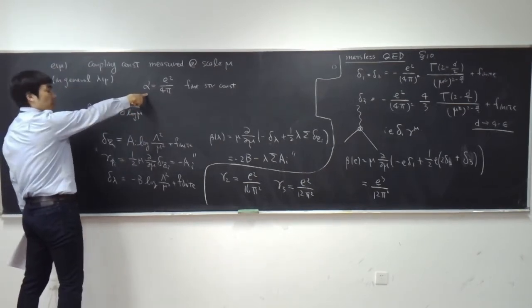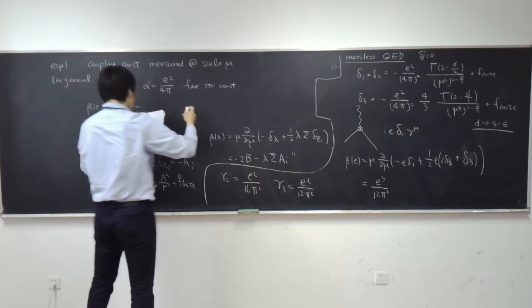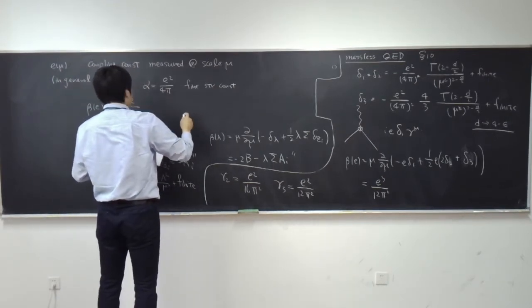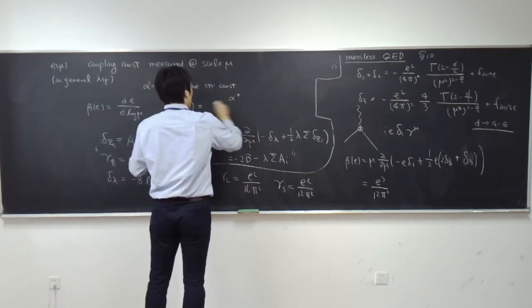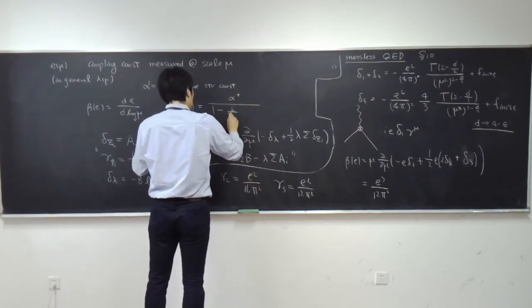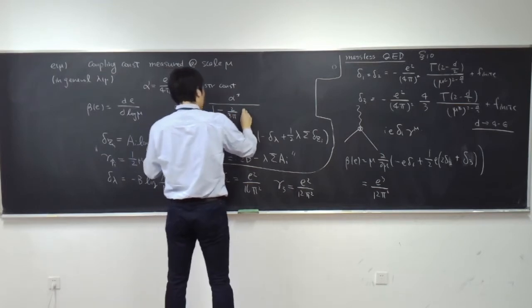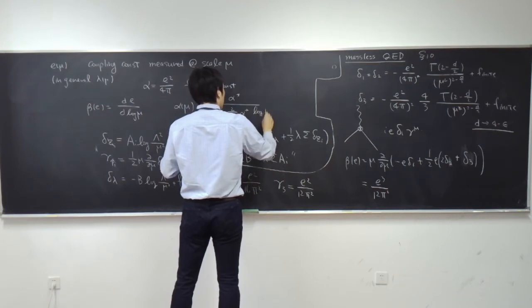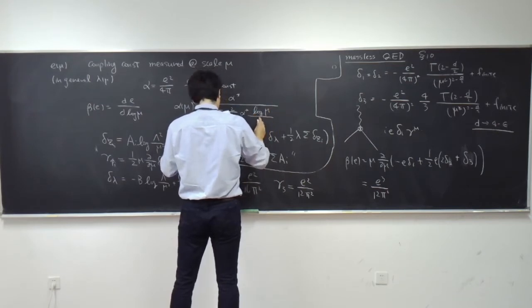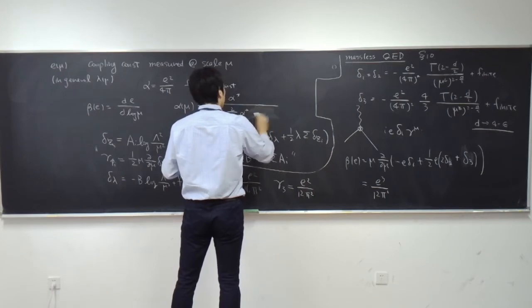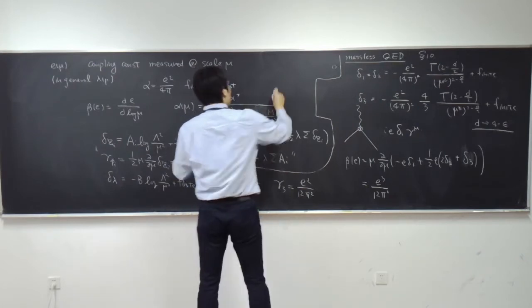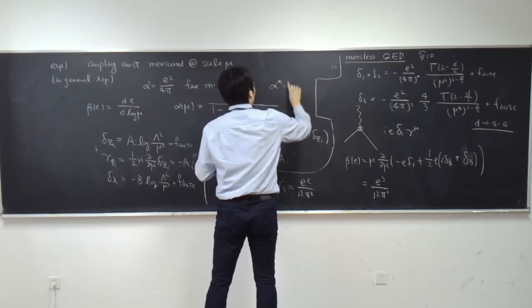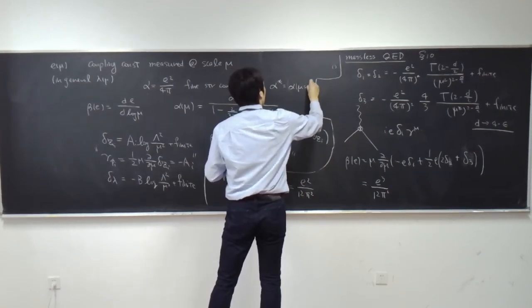Using this definition and integrating the beta function, what you will get is alpha of mu, the dependence on mu, is given by alpha star divided by 1 minus 2 over 3 pi alpha star log mu over mu star, where alpha star is alpha at mu equal to mu star.